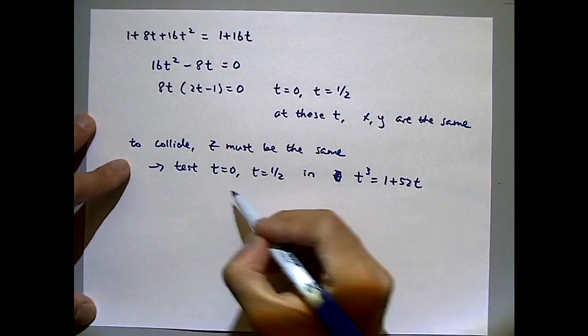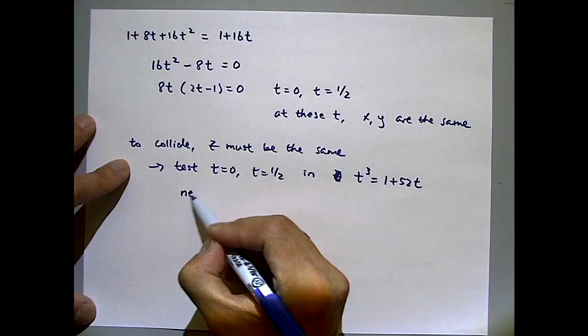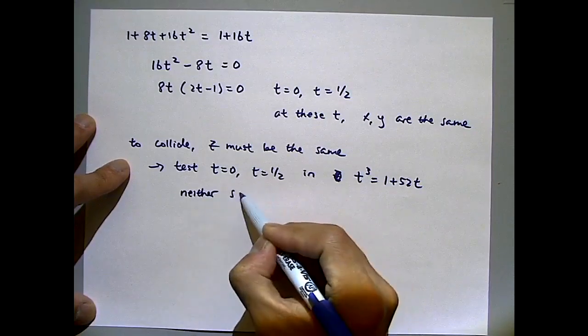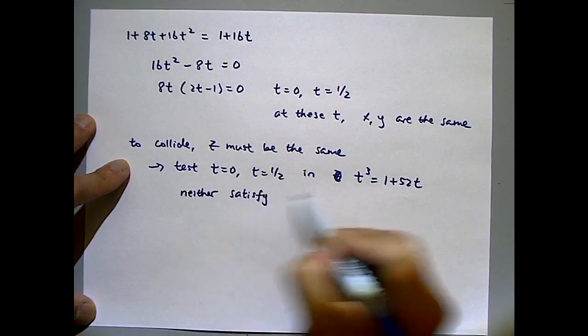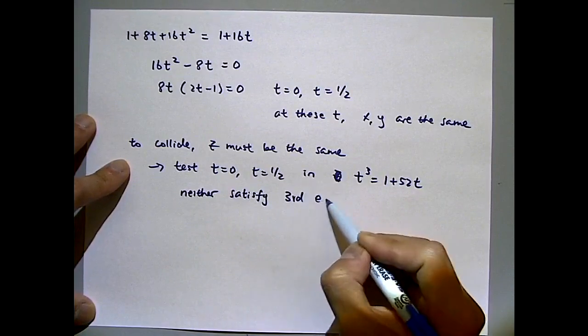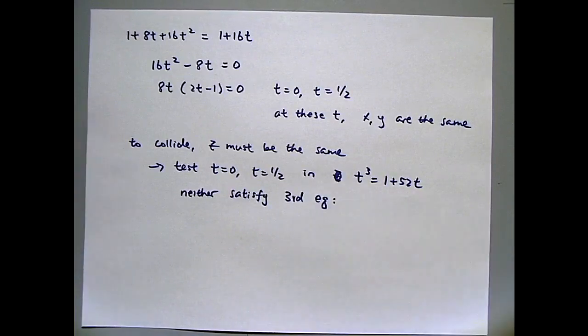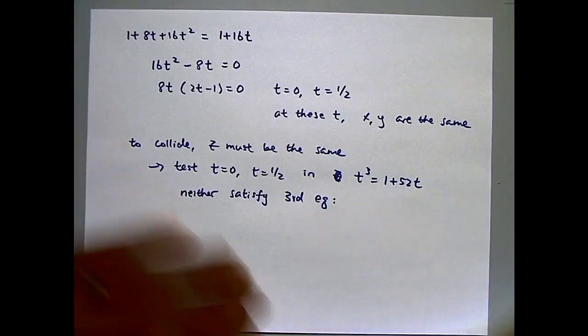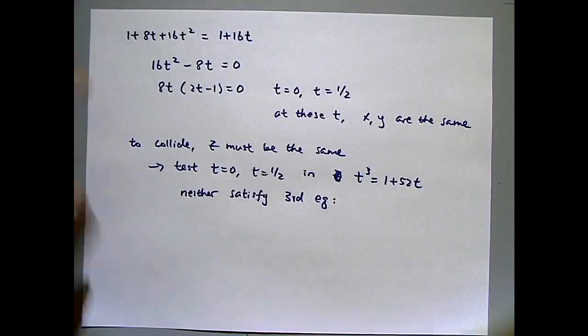No, right? So neither satisfy the third equation. So we cannot find a t that simultaneously satisfies all three equations. As far as the collision problem is concerned, this tells us that collision will not happen.